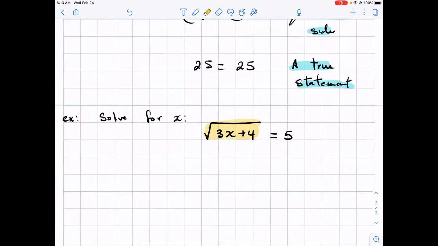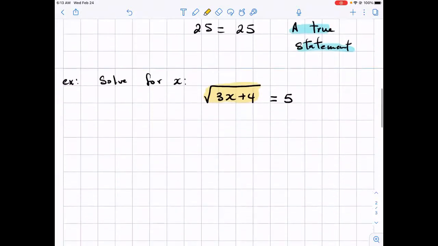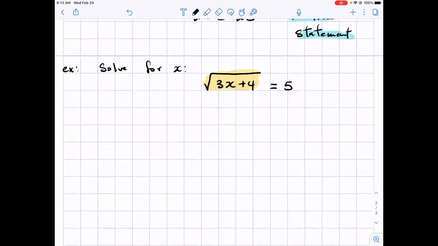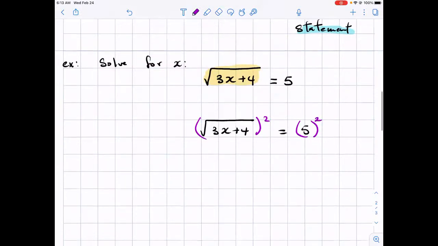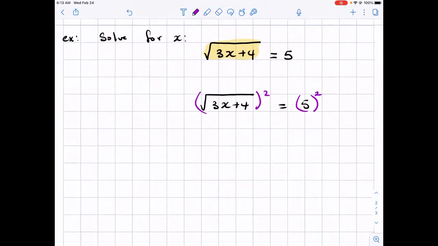When this is the case, once you have isolated that radical, what we do next is square both sides. So once the root is by itself, square both sides.